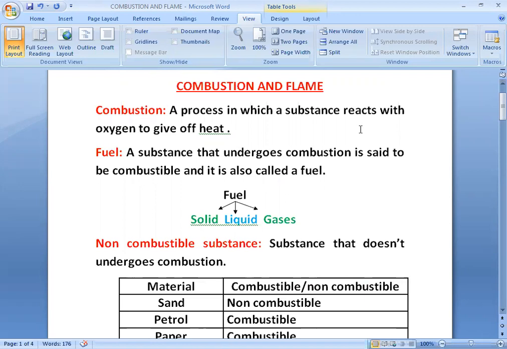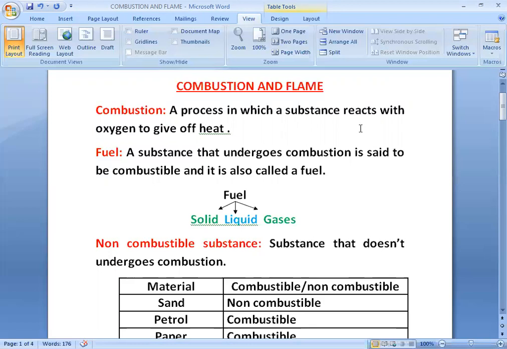LPG, liquefied petroleum gas, is used in cylinders for domestic purposes, to cook food, and to run our vehicles we use petrol, diesel and CNG.